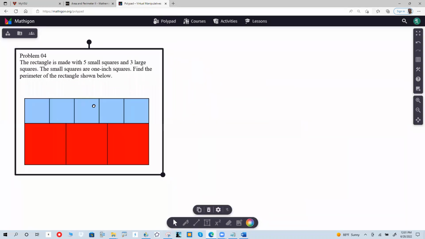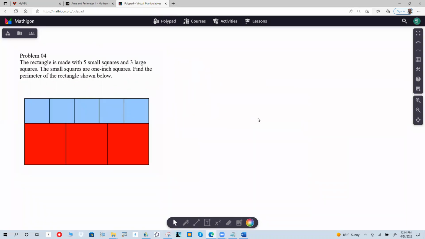Wonderful. Now, let's read the question. When they said the rectangle, they mean this. This is a rectangle. That's a very important fact. It has 5 small squares. I can see it. 3 large squares. The red ones are large.